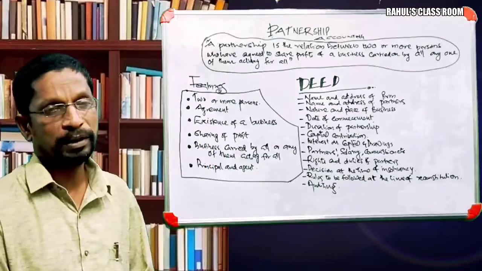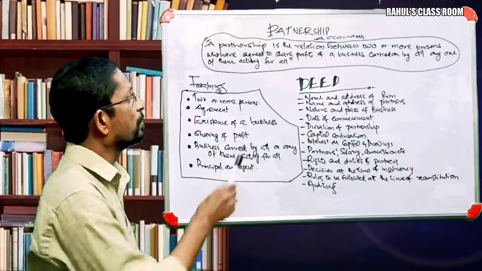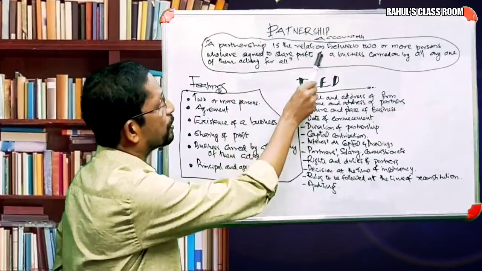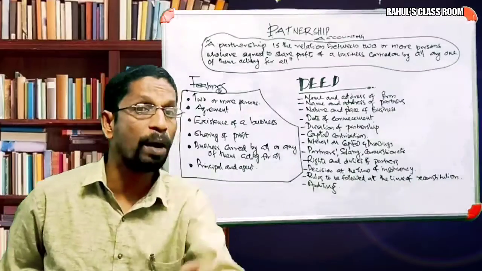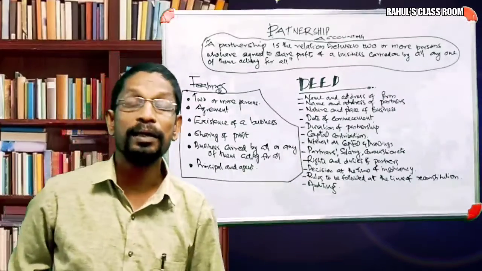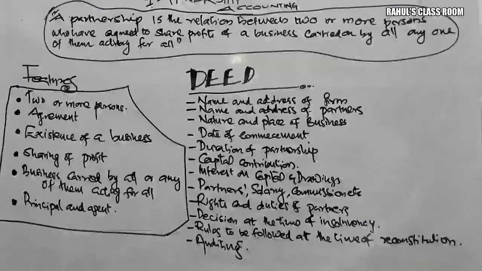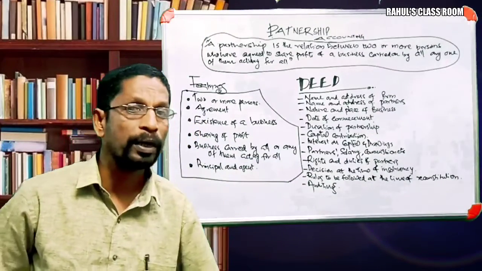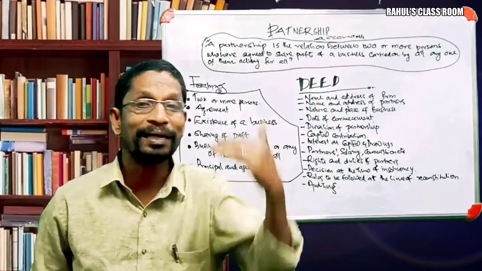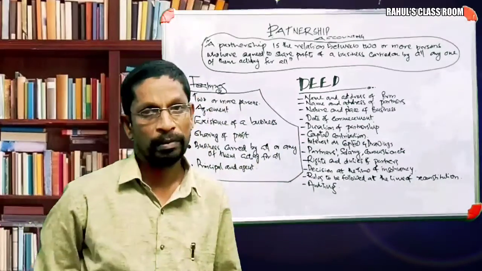That means here we see the definition, a partnership is the relation between two or more persons. That means for forming or starting a partnership organization, at least two partners are required.